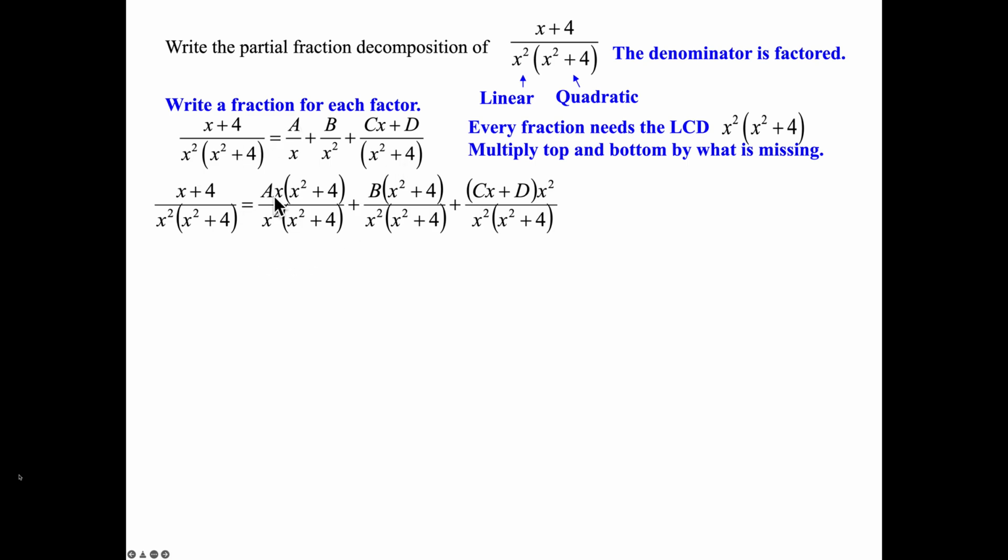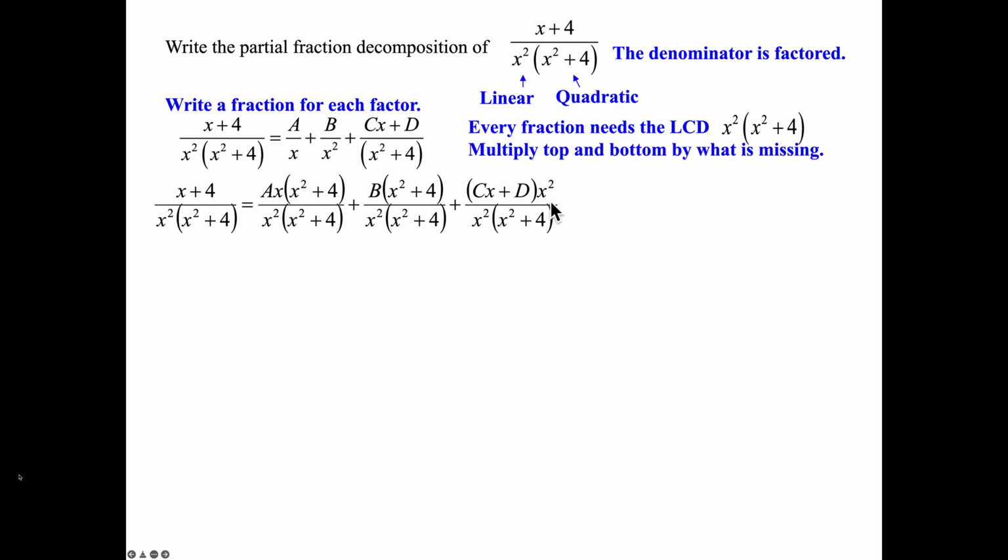So here's the x and the x squared plus 4 multiplied to the A, and then we have our common denominator. The B is multiplied by just the x squared plus 4, because that's all that was missing on the bottom. And the Cx plus D has to be multiplied by the x squared.